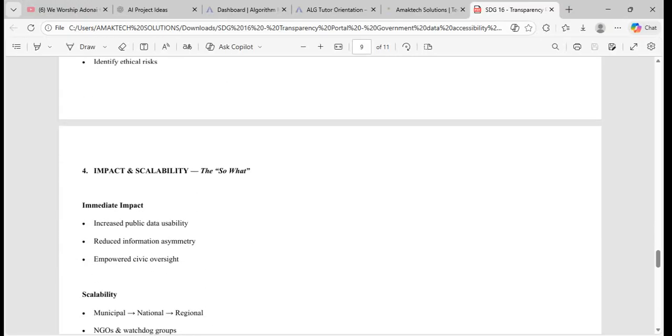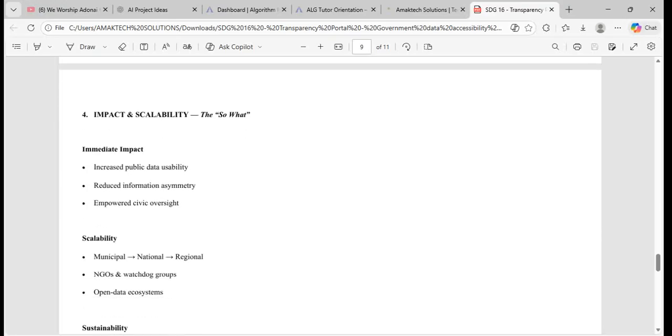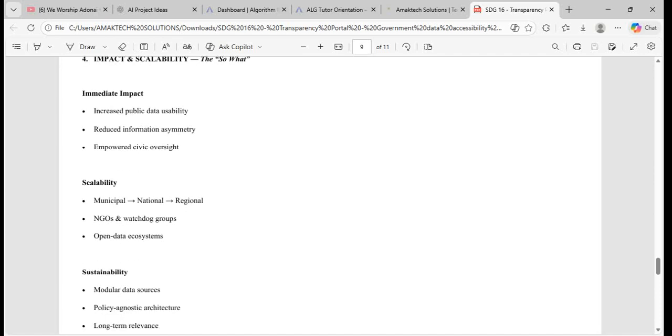Impact and scalability: immediate impact. It increases public data usability, reduces information asymmetry, empowers civic oversight.